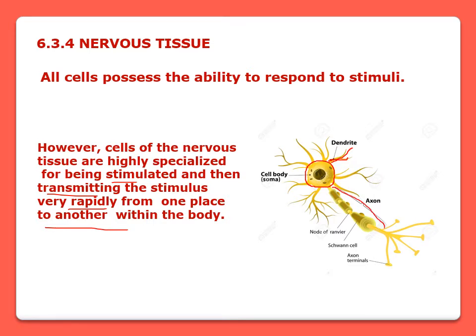And that is the nerve ending or axon terminals. Any message or stimulus will be received by this portion, and it will pass through the cell body and then the axon, and with the help of the nerve ending it will pass to another neuron. That is the simple function of a neuron.